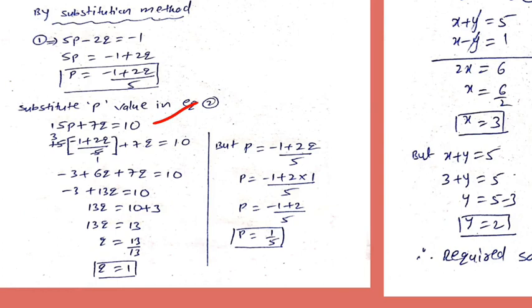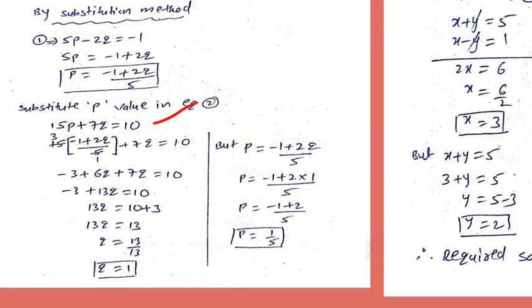15 bracket of p value, how much? Minus 1 plus 2q by 5, plus 7q. Here 5 ones are 5, 5 threes are 15. Here 15 is coming in the 5 table, so I did the cancellation. After cancellation of 15 and 5, what is the answer? 3 bracket of minus 1 plus 2q.